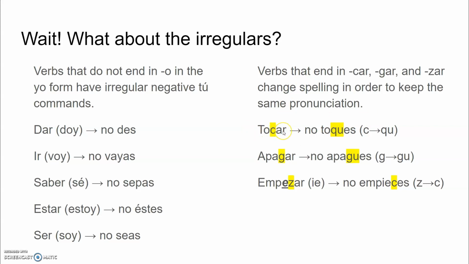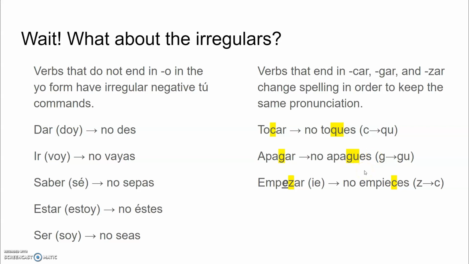So tocar, the yo form would be toco, but then we change that C to QU, so we become no toques. Apagar, gar verb, G changes to GU. The yo form of apagar is apago, but then we add a U, so this becomes no apagues.